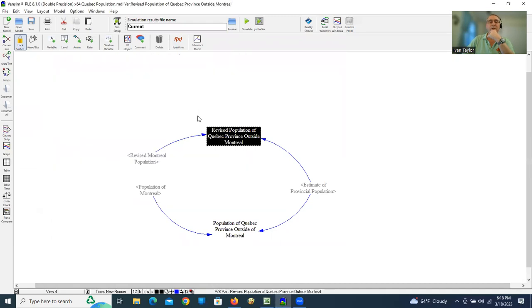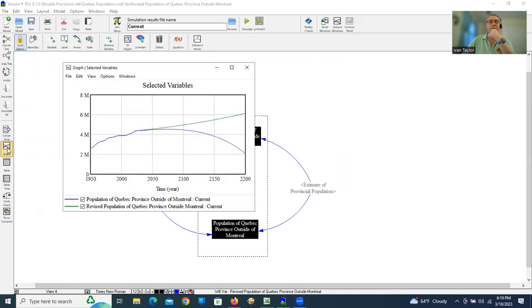And if you look at the graphs together, you see this picture, which I think shows that the population will continue to grow as opposed to declining.